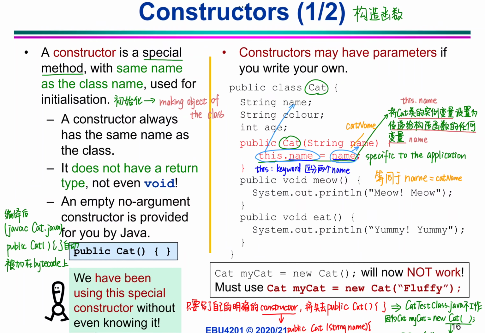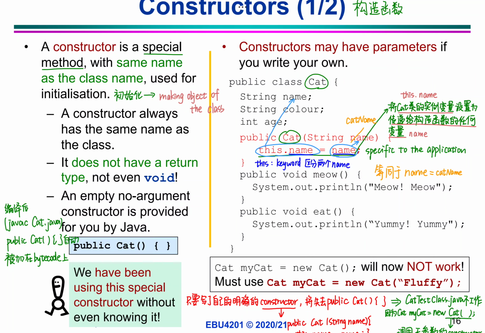Constructors may have parameters if you write your own. So we can have parameters.